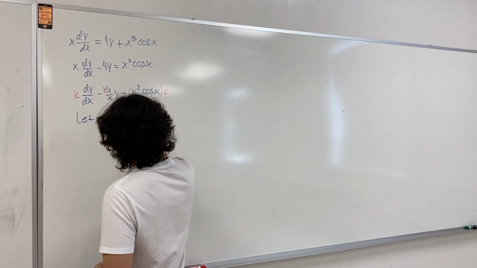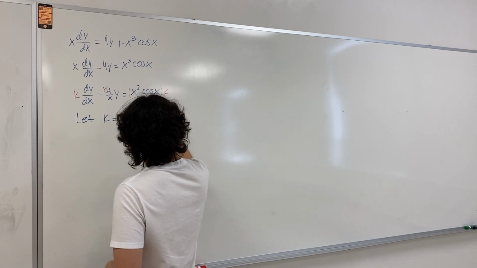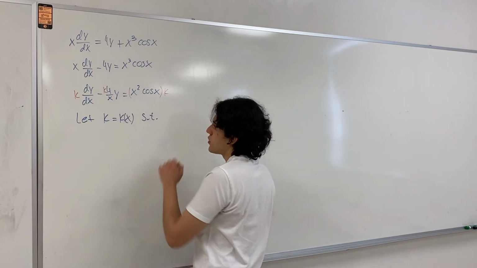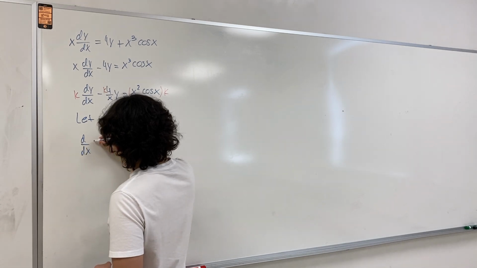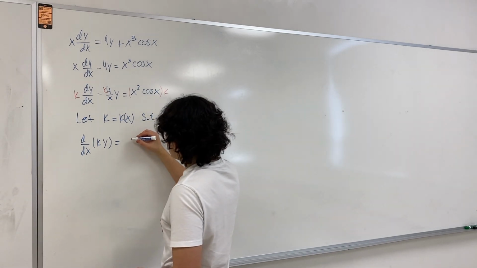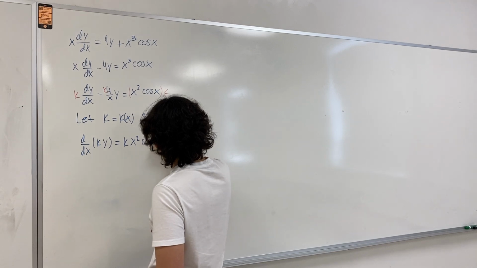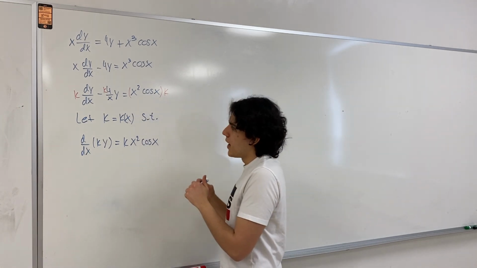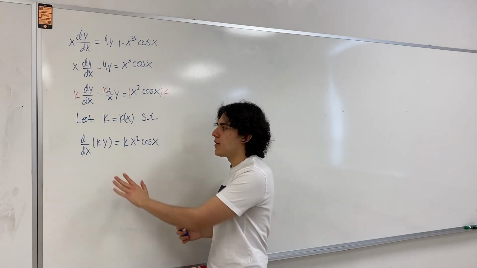Let k be equal to a function of x such that the derivative of the quantity k times y is equal to the right-hand side of this equation, which is k x squared cosine x.